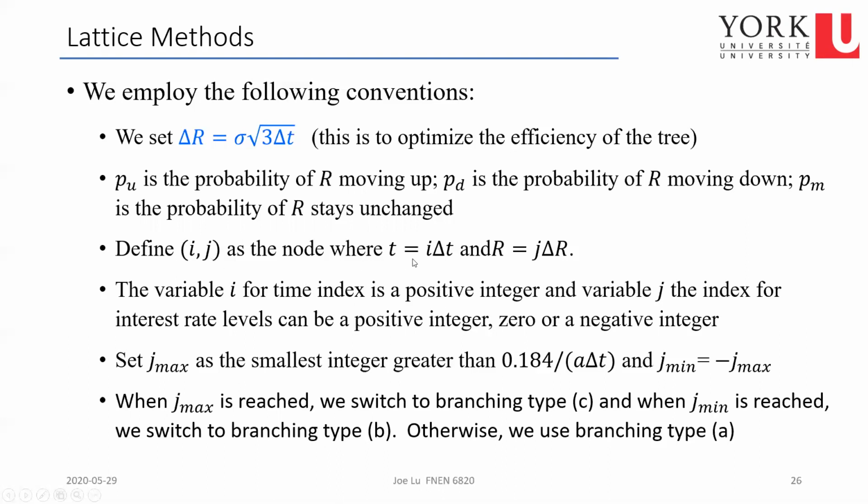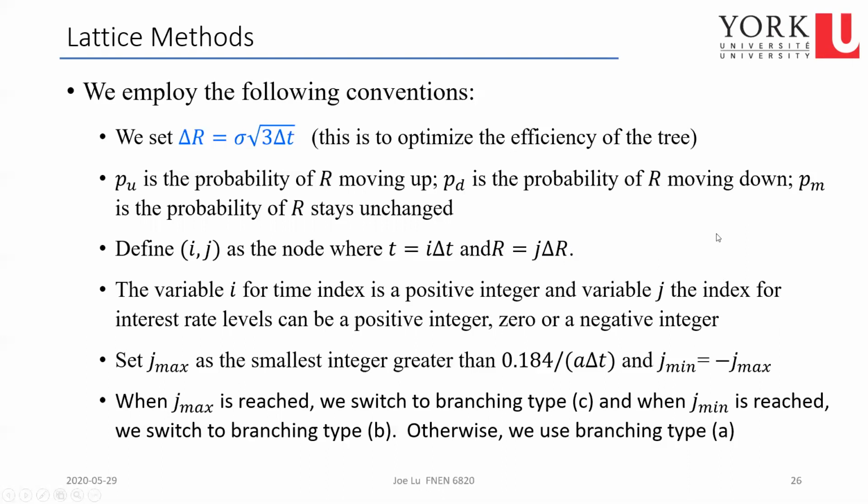For time, i denotes the time steps, so time is i times delta t. i is 1 to n, so n time steps: 1 times delta t, 2 times delta t, and so on. That gives us the time dimension. And j is for the interest rate dimension.